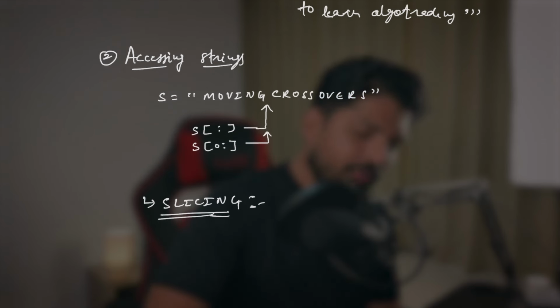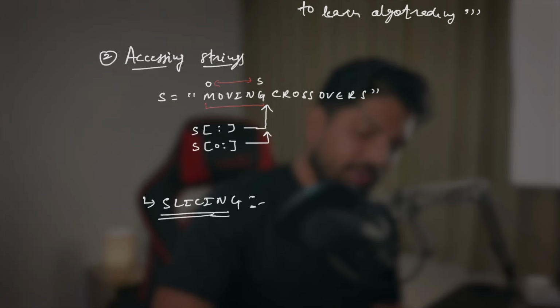For example, if I want only this part, correct? Now I know that m is at the 0th index and this g, counting 0, 1, 2, 3, 4, 5, is at the 5th index. So if I want to access this particular part from the string, what I will write is 0 as the start, then 5, right?